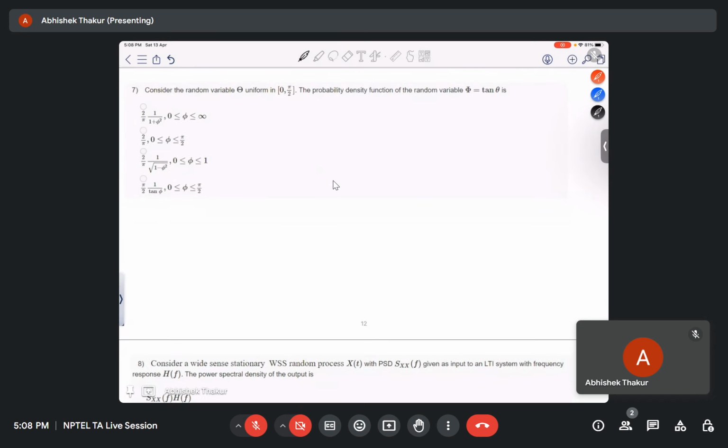Consider random variable theta, uniform from 0 to π/2. The probability density function of the random variable Φ equal to tan θ is?